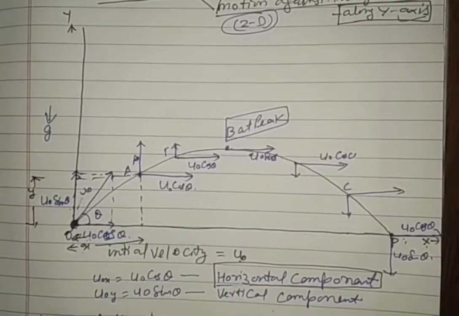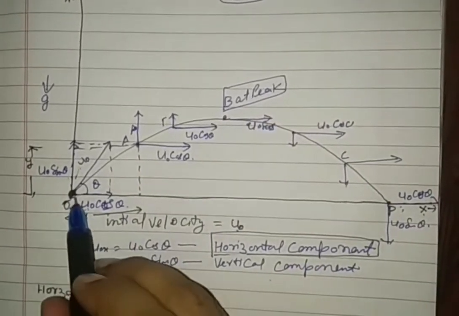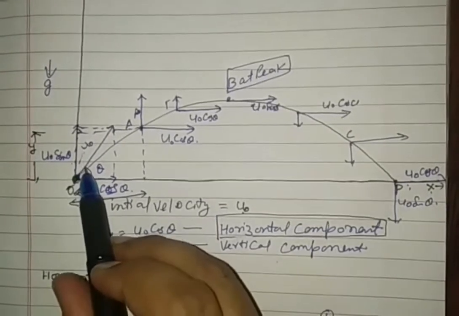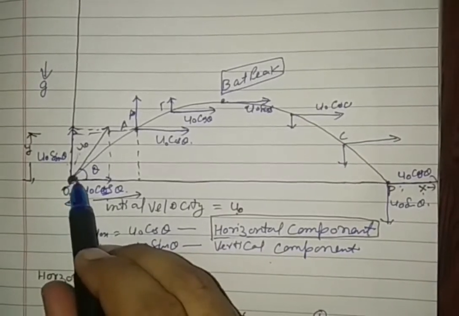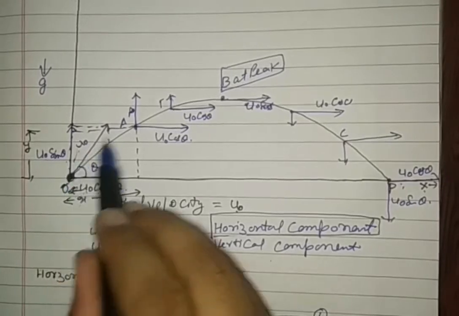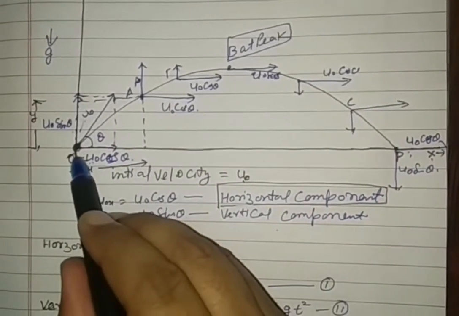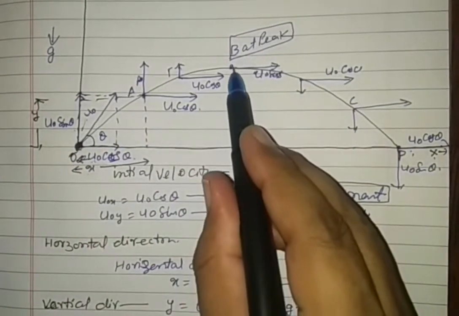Okay, after explaining the path of the trajectory, we want to calculate the time of flight. Time of flight means the time for which the body remains above the earth's surface, meaning the time taken to reach from O to P. First of all, we want to see the time from O to the peak point.